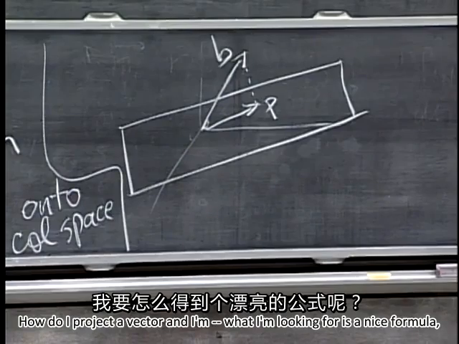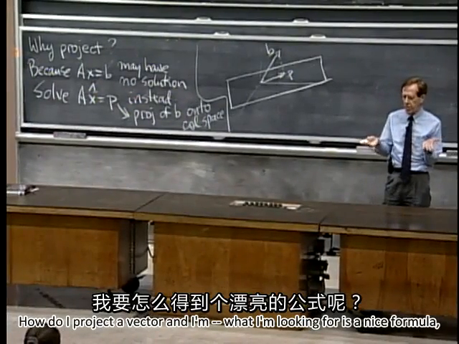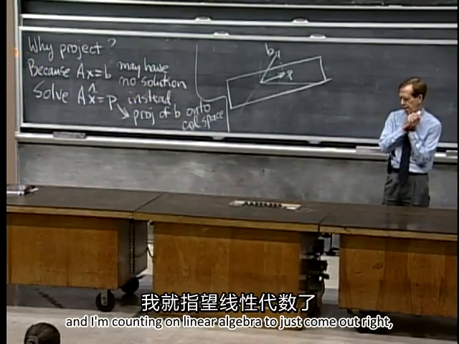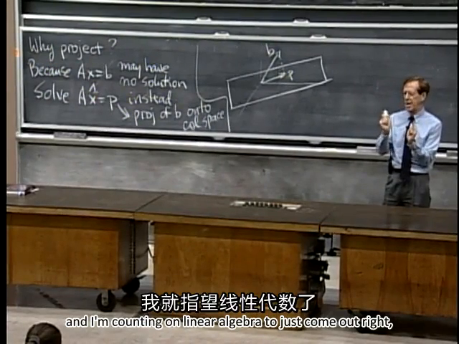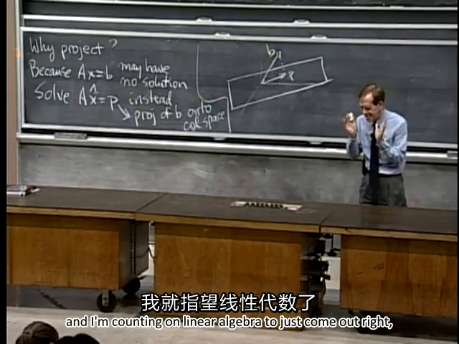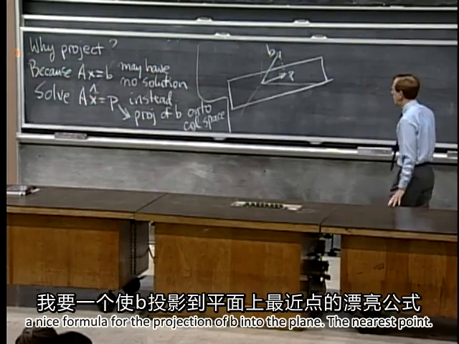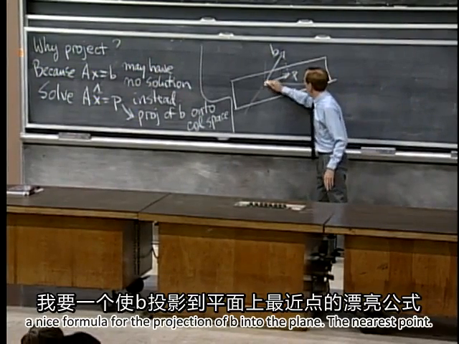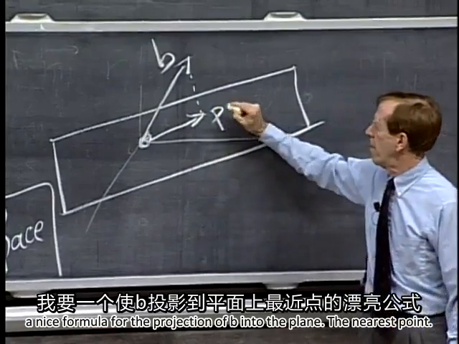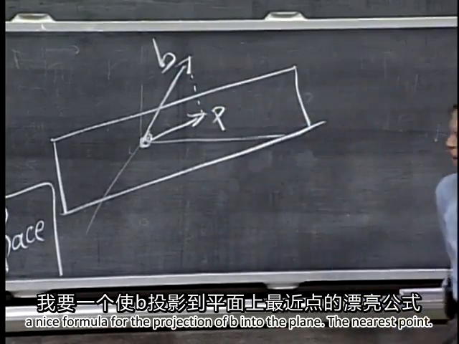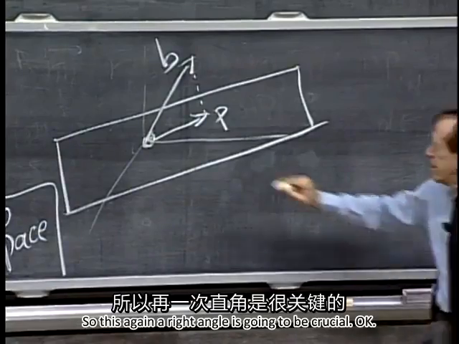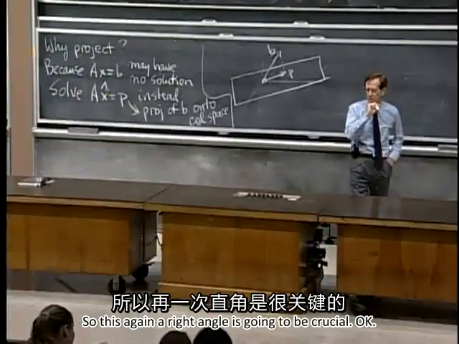How do I project a vector? What I'm looking for is a nice formula, and I'm counting on linear algebra to just come out right. A nice formula for the projection of B into the plane, the nearest point. Again, a right angle is going to be crucial.